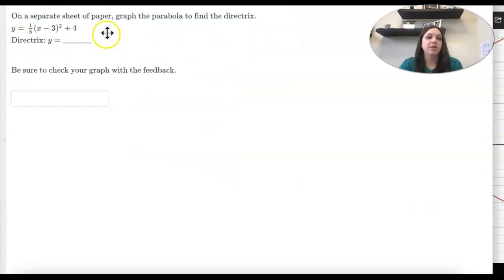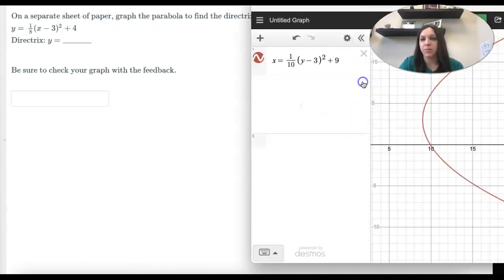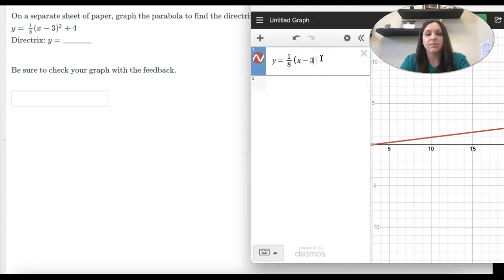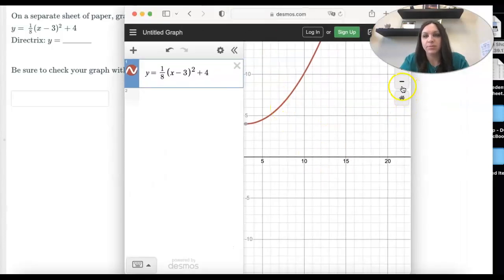So this one says, on a separate sheet of paper, graph to find the directrix. So you don't have to graph on paper because you have Desmos. So type it in and let's see what it looks like. So this time our graph is opening up.